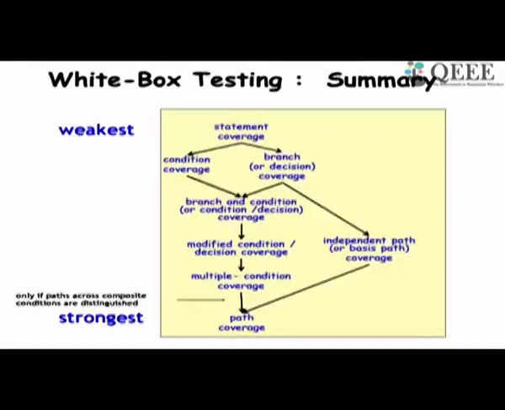Now let's look at the summary of white box testing that we discussed so far. Statement coverage is the basic, the weakest testing, and the strongest testing is all path coverage. But all path coverage requires too many test cases.